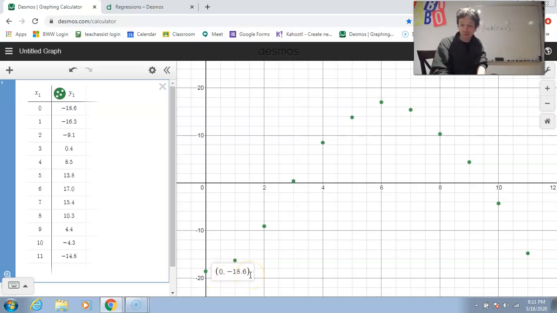So our minimum value is minus 18.6, and our maximum value appears to be 17. Therefore, what's the range of this function? The range is in between those 2 values. It's all real values in y, where y is greater than or equal to minus 18.6, and less than or equal to 17.